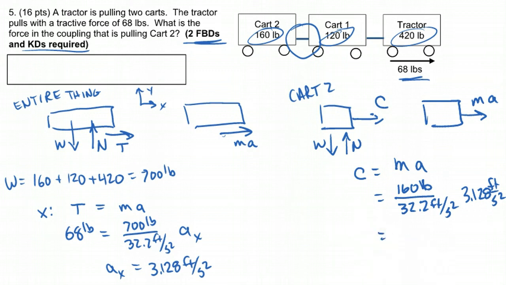So it looks like C is going to be 160 times 3.128 divided by 32.2, which is 15.5. Okay, that's all there is to it. But we do ask you to draw both free body diagrams so you can show how things work out here.